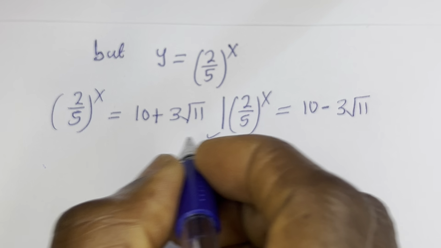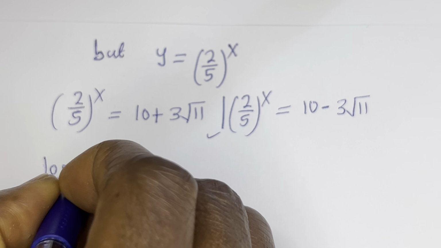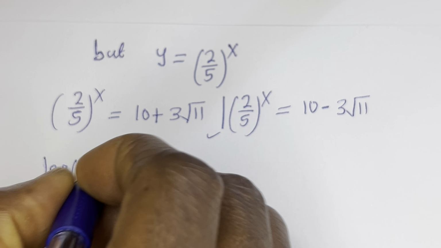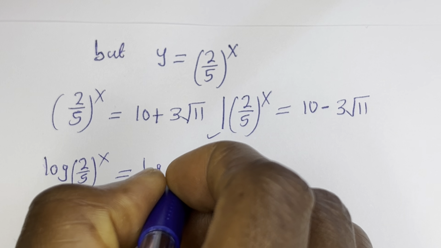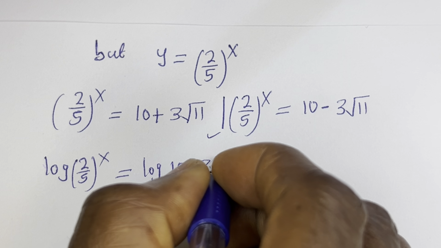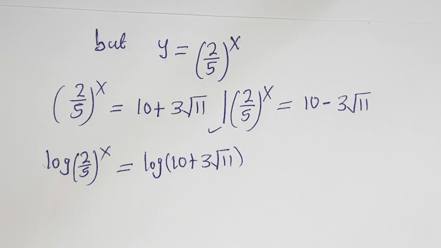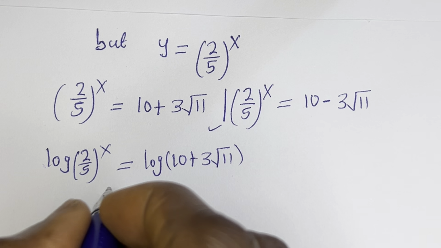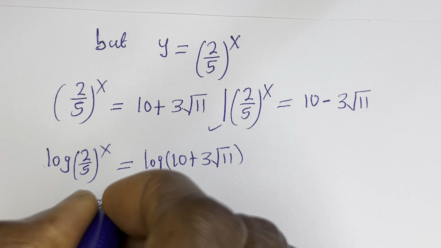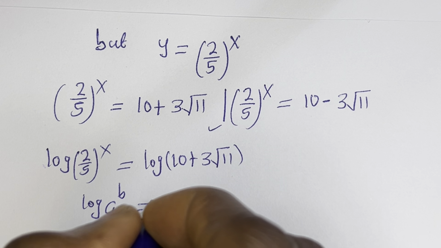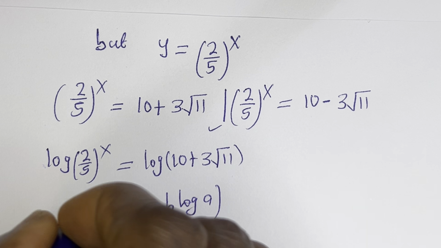Now let's solve this. Let's take the log of both sides. We have log of (2 divided by 5) to the power of x is equal to log of 10 plus 3 square root of 11. Note, if you have log a to the power of b, this is equal to b log a.